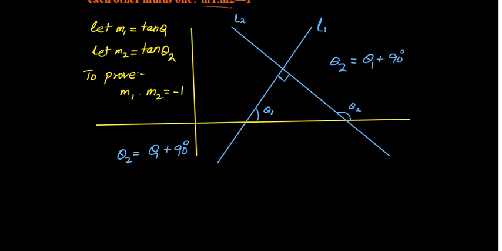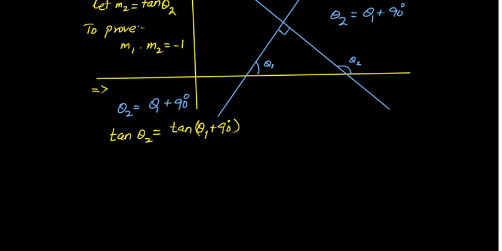so now taking tan on both sides, we have tan theta 2 is equal to tan of theta 1 plus 90 degree. So over here, as we know, tan of theta 1 plus 90 degree lies in the second quadrant, so that must be equal to -cot theta 1.